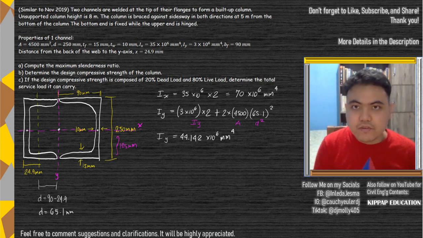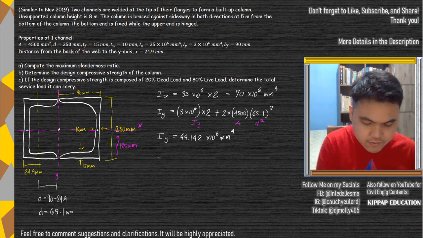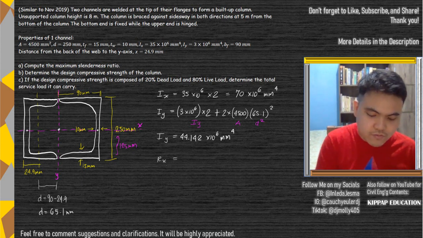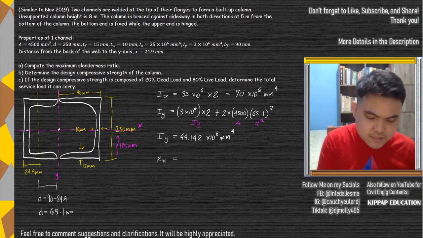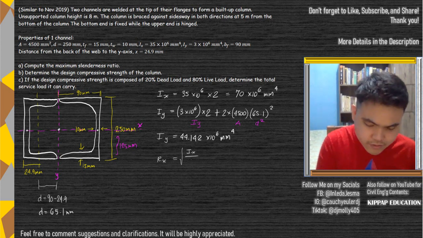Okay. So, meron na tayong IX and IY, makukuha na natin yung R sub X at R sub Y. So, for the radius of gyration about the centroidal x-axis is the square root of IX all over the area, total area of the cross-section.